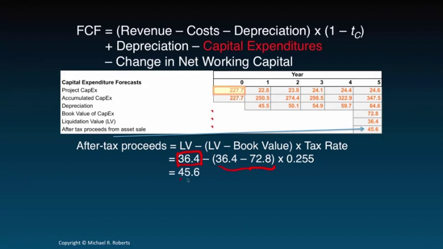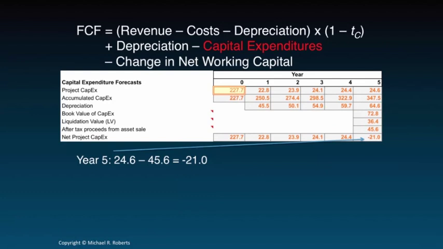And the result are after-tax proceeds that are actually greater than the liquidation value. We're going to get $45.6 million. And so the end result is that we have our projected capital expenditures here, but once I factor in the after-tax proceeds from the sale of these assets, we're actually going to have a negative capital expenditure in that last year, that fifth year, which is going to reflect an inflow of money.